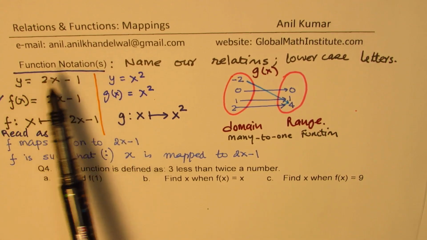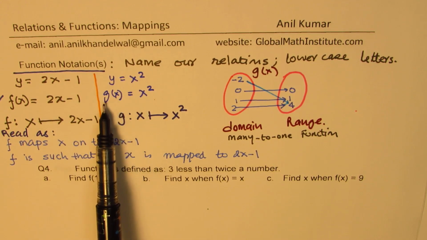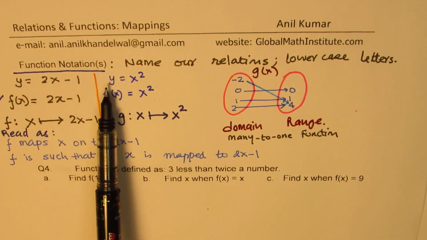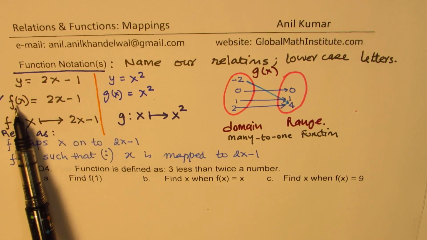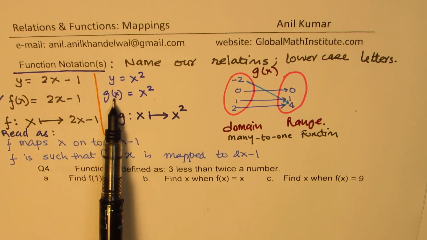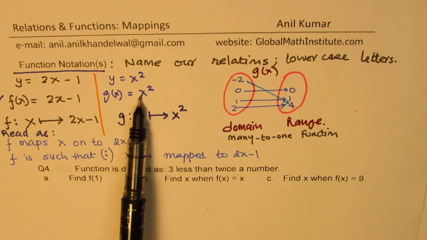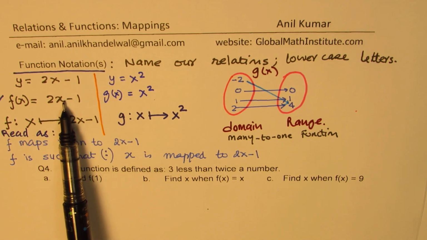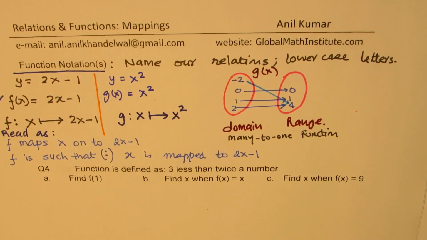So functions can be represented in the form of an algebraic equation in which we prefer to use letters instead of just y. In function notation, we are replacing generally y with our name, which is g of x or f of x, where x is your domain, the variable, which is the object, and the relation is described on the right hand side, x squared in this case and 2x minus 1 in the previous case. So I hope you understand how to represent the functions, correct?